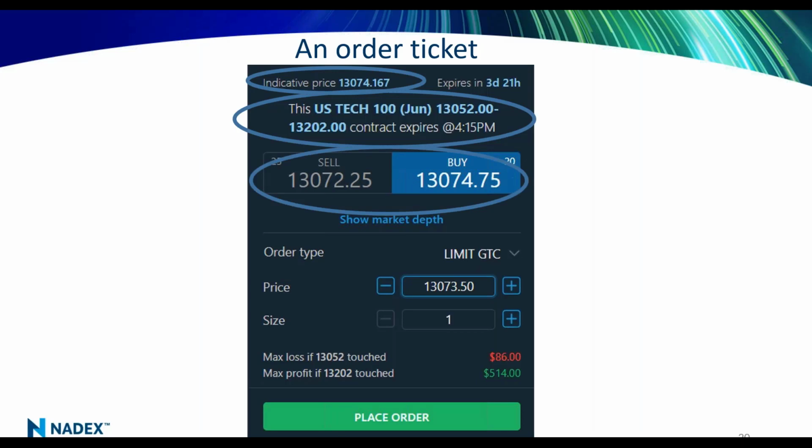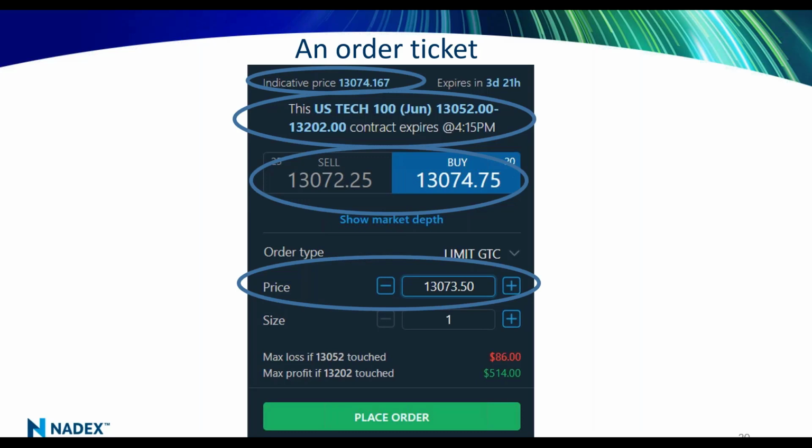Remember, I don't have to trade on those prices. I could choose to put a bid or an offer in between. So like here, I'm trying to buy one for $13,073.50. Notice, and I did want to point this out, the indicative price is $13,074. And notice the bid-ask spread, 13,072 and a quarter, 13,074 and 3/4, or 75.